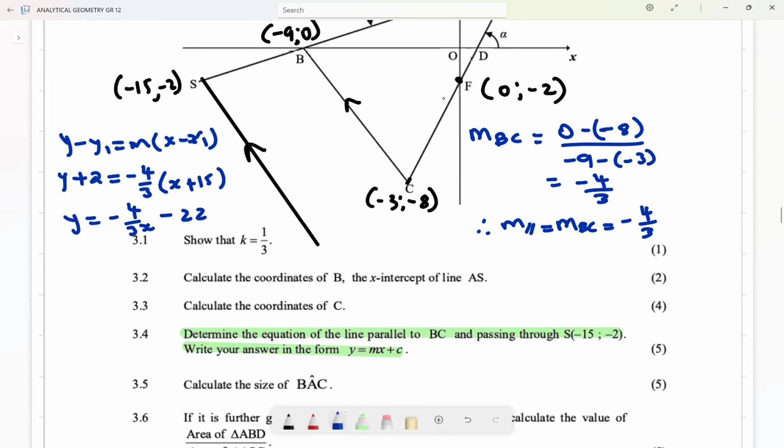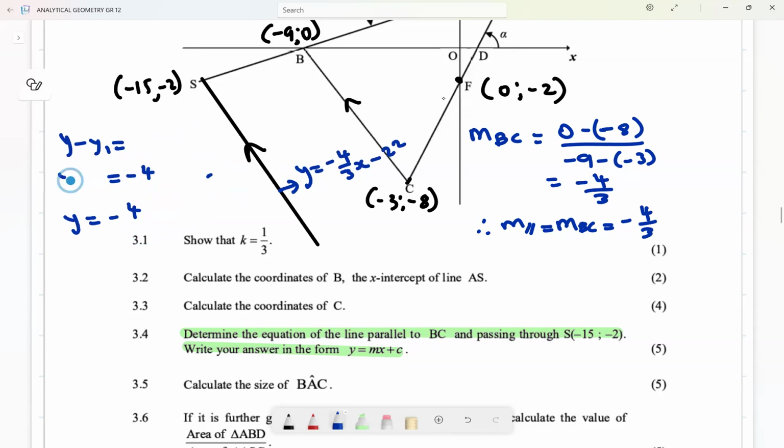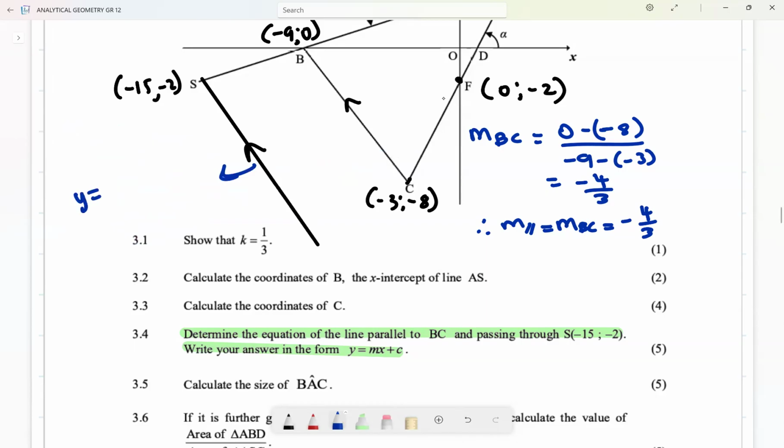So this is the equation of this line. y is equal to negative 4 divided by 3x minus 22. Are we fine, guys? Minus 22. Let me write it on this side. y is equal to negative 4 divided by 3x minus 22.